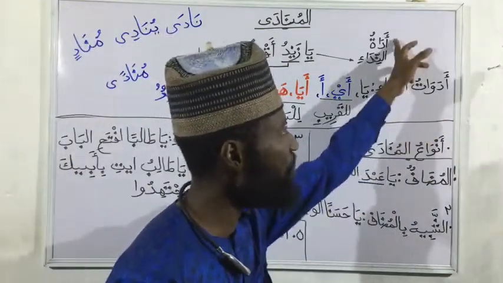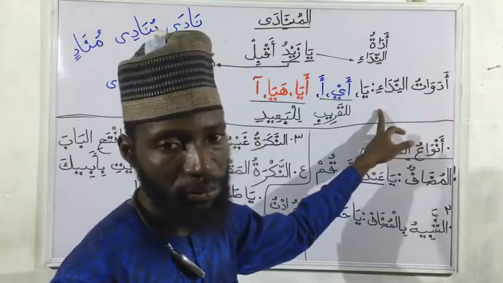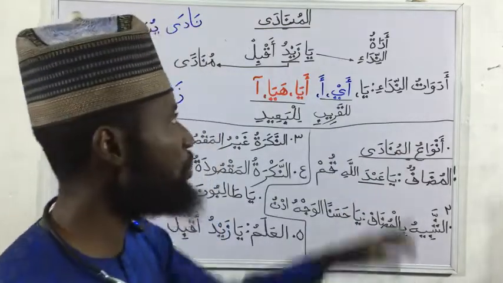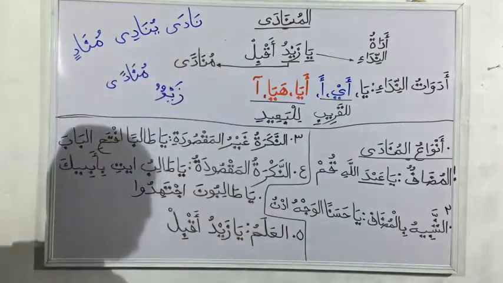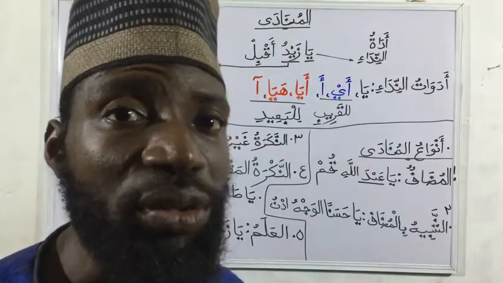Adawatu nida. That's the plural of adatu. Adawat means the tools of calling. Adawatu nida'i, the tools of calling. Why do we use nida here? This nada, when we have a fa'ala verb, what's the masdar? The masdar is fi'alun or mufa'alatun. Like jahada, what's the masdar?